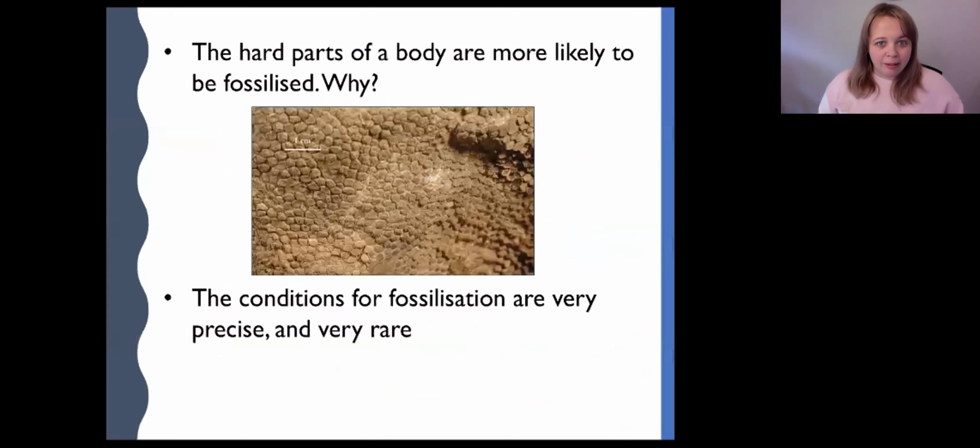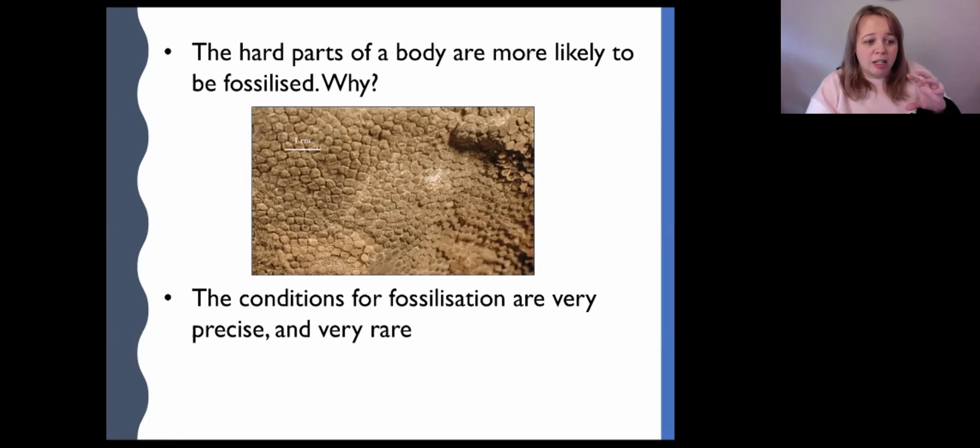And you're now back. All right, so what we find are the hard parts of the organism make much better fossils than the soft parts. Why? Soft parts don't make good fossils because they're going to decay, or they're just going to be eaten by something, and essentially they're going to rot away.